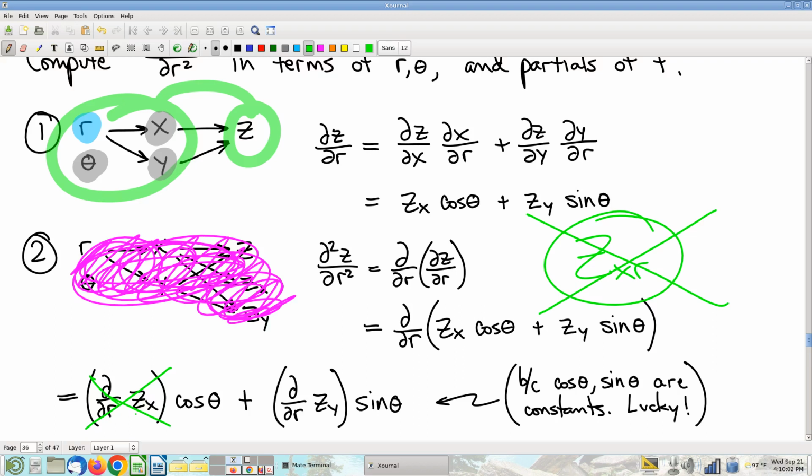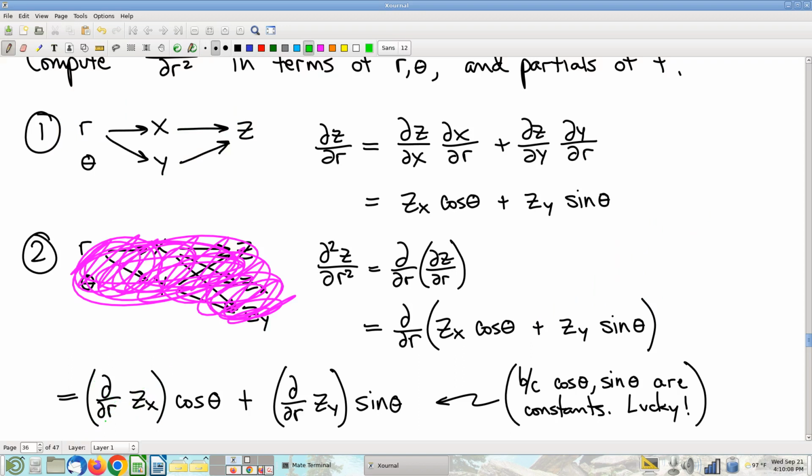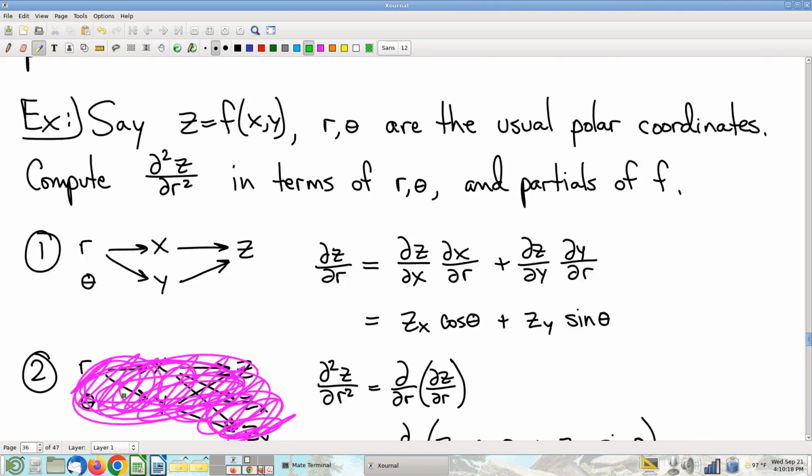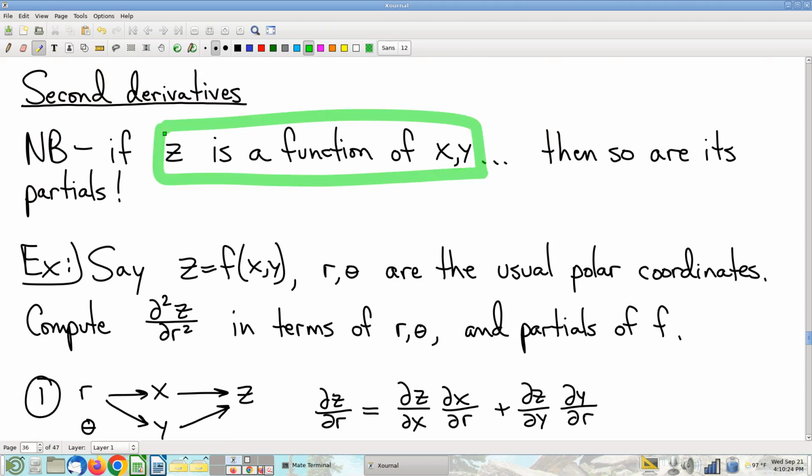Okay, so now, if we can't do that, what do we do? How do we deal with this? There's a great answer to this question, and that is to make an appropriate interpretation of what ZX is. Here's where I'm going to come up to the top of the page. We've previously noted that if you have a function of x and y, then so are its partials.